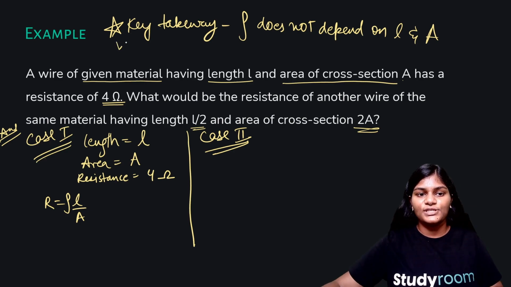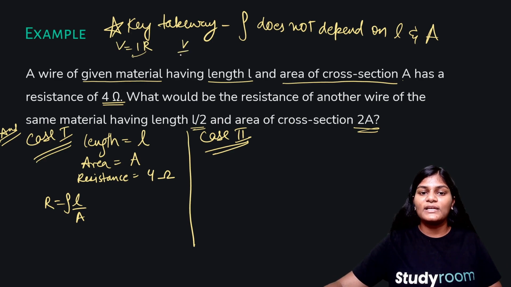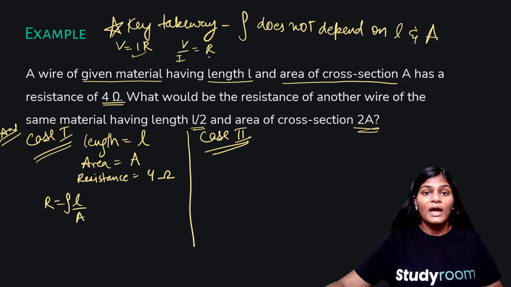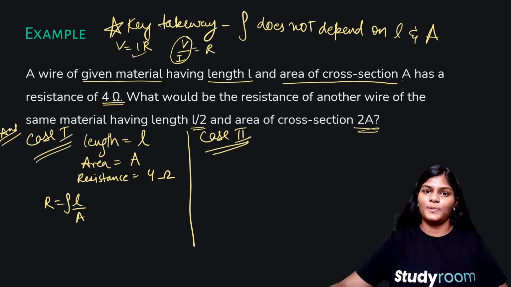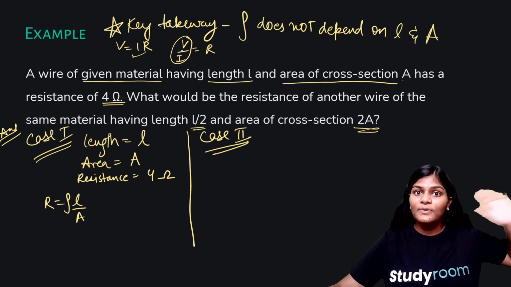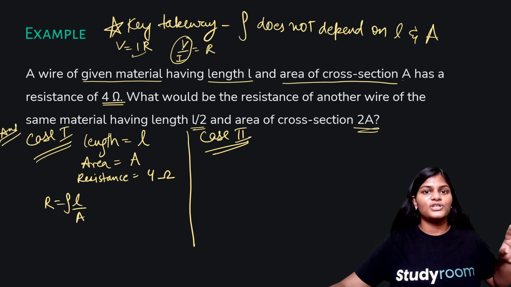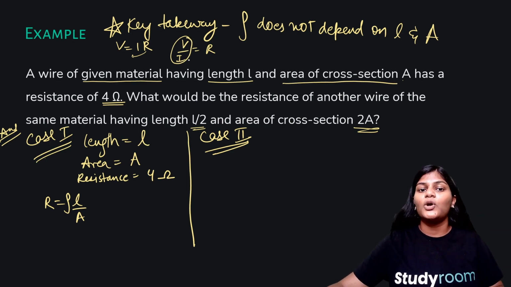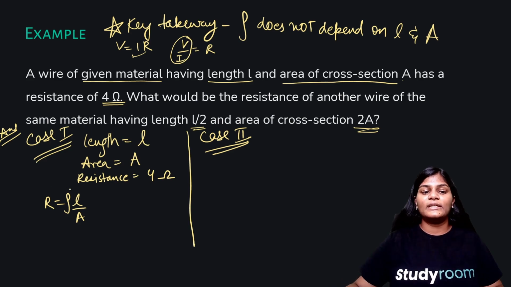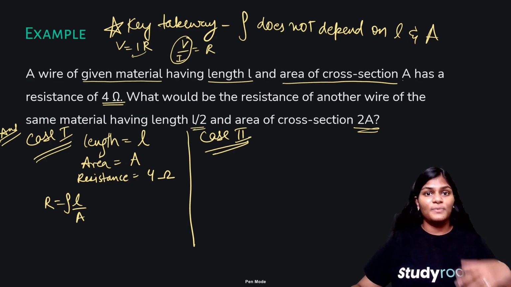Like we learned V is equal to IR. Here, even though you can write the formula as V by I equal to R, by varying V and I, R does not vary because R is the constant of proportionality. Here R has some factors that really affect it, but not V and I. Similarly, in this formula, the rho or the resistivity is the constant of proportionality.